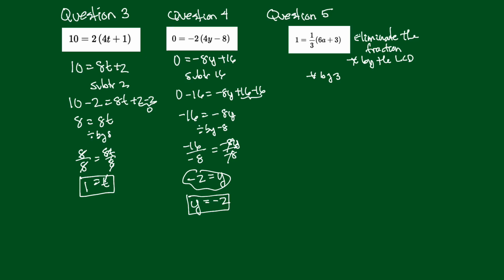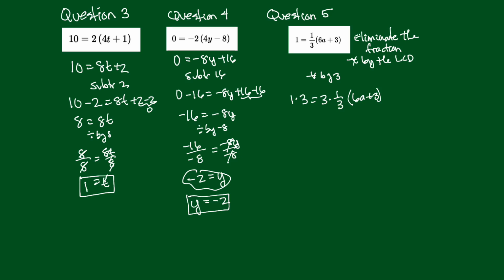Here's what it looks like. 1 times 3 equals 3 times 1/3 times that 6a plus 3. Right? Do you see what I've done? The denominator is 3. So I'm going to multiply 3 over here and 3 over here. Right? Multiply the left side by 3, the right side by 3.